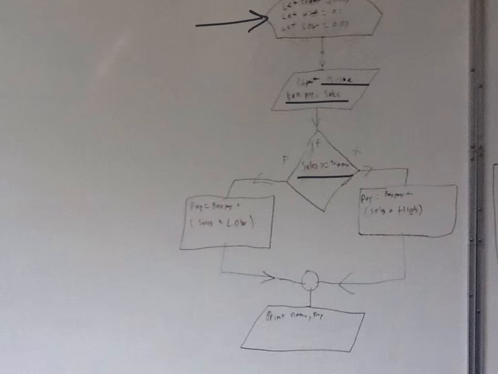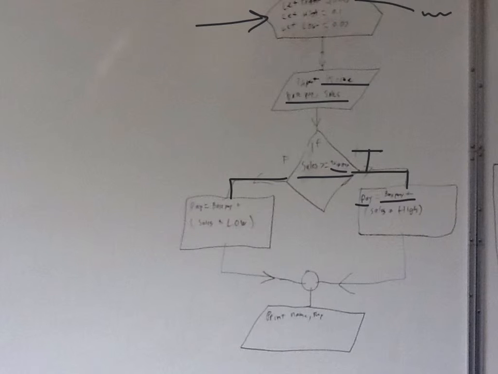Okay, and then they compared sales greater than or equal to, and they have here some cutoff that they set up, which was a good idea. And then if that's true, they process it this way. If that's false, they process it this way. And they figured out the pay.